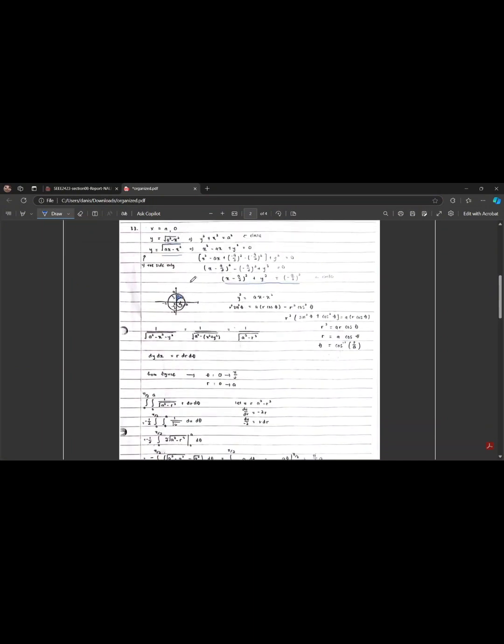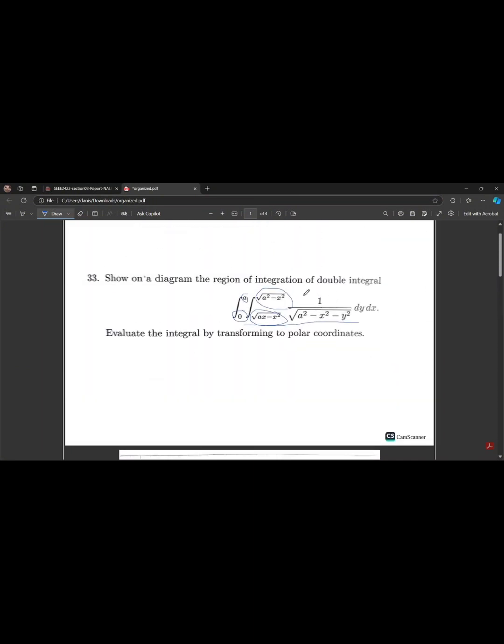So before that, this equation, we have to transform it to polar coordinates by, we know that x squared plus y squared equals r squared. So we just substitute it, and dy dx equals r dr d theta.